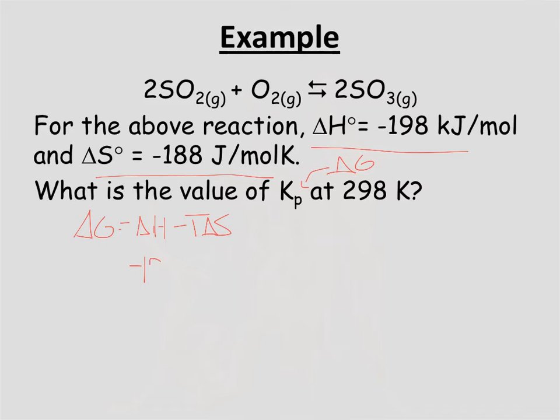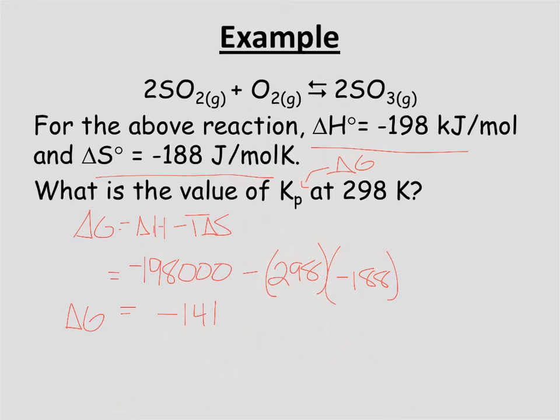So that'd be negative 198,000 minus, and then our T is 298, and our delta S is negative 188. All right, so do a little math, and that gives us a delta G of negative 141,976 joules.